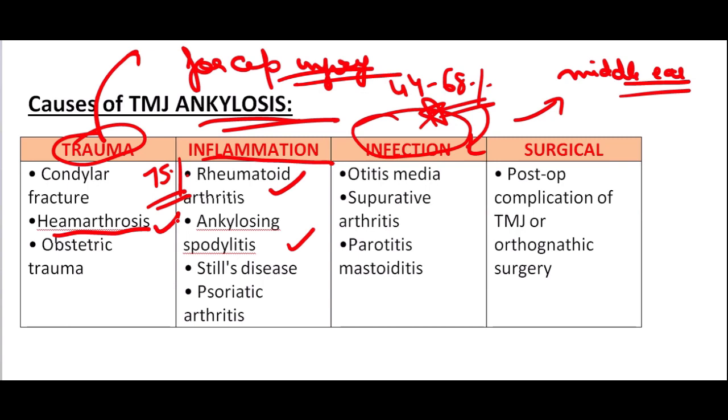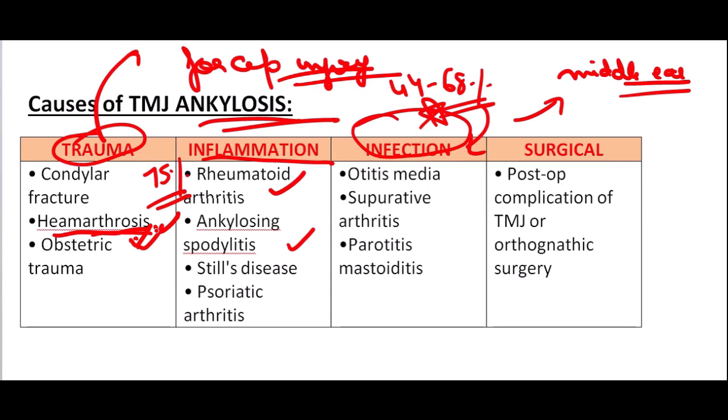So when the trauma occurs, there is significant injury to the TMJ that leads to the leakage of blood into the joint space. So that is known as hemarthrosis. Over time, if the joint remains immobilized for an extended period, there will be an initial fibrous band that forms due to the trauma that can progress further.